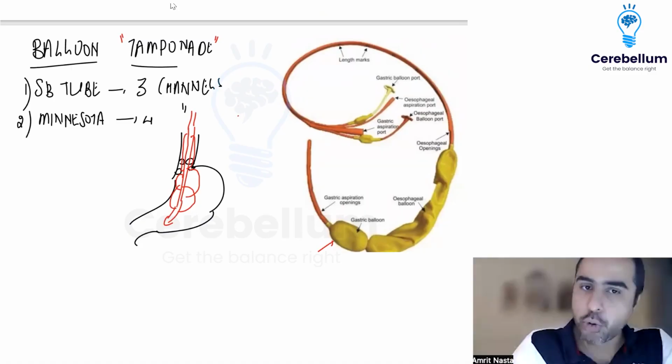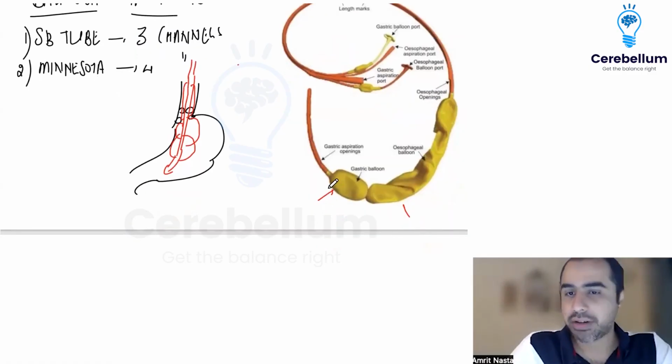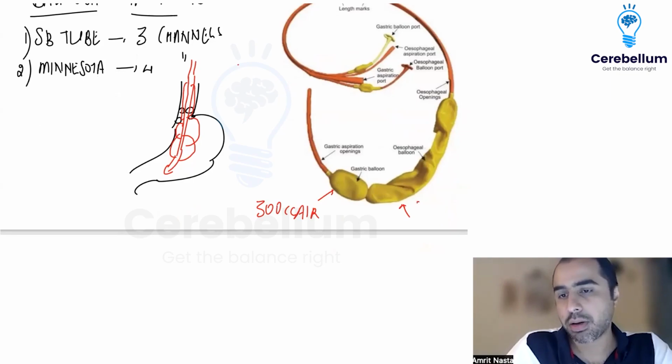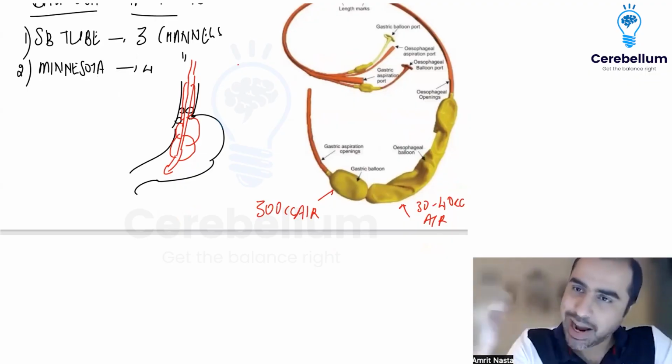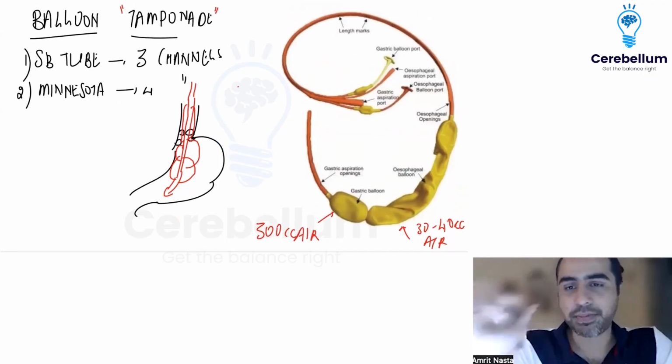How do I inflate them? In the gastric balloon, I put about 300 cc of air. In the esophageal balloon, I put about 30 to 40 cc of air, approximately. And I pull them and I inflate them and I tie them so that it gives a little pressure.